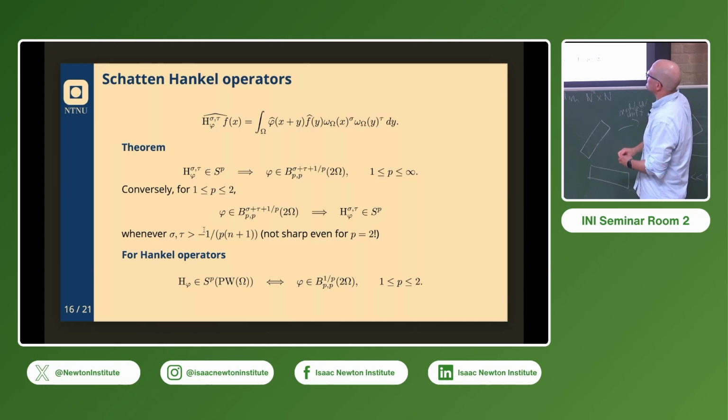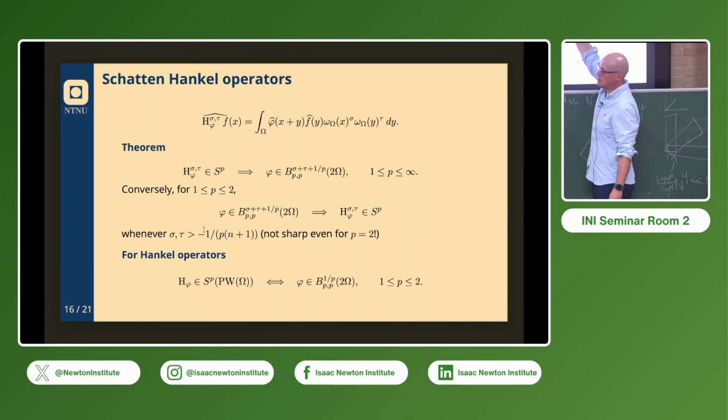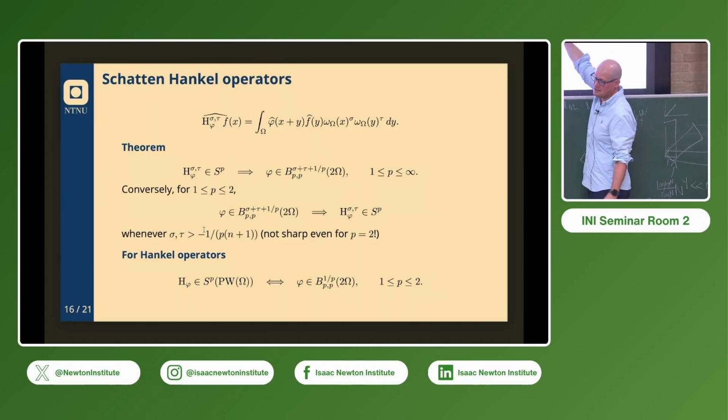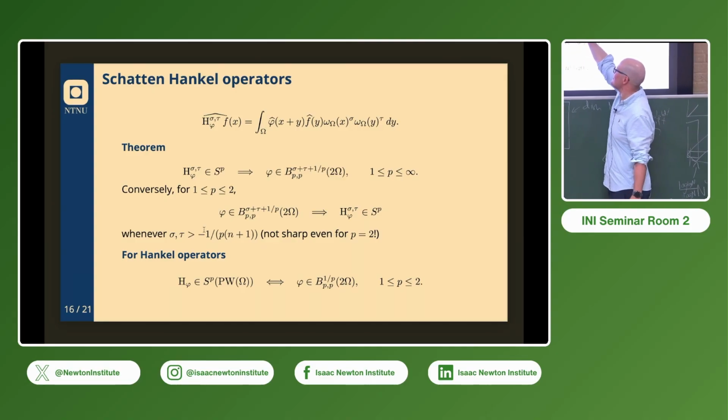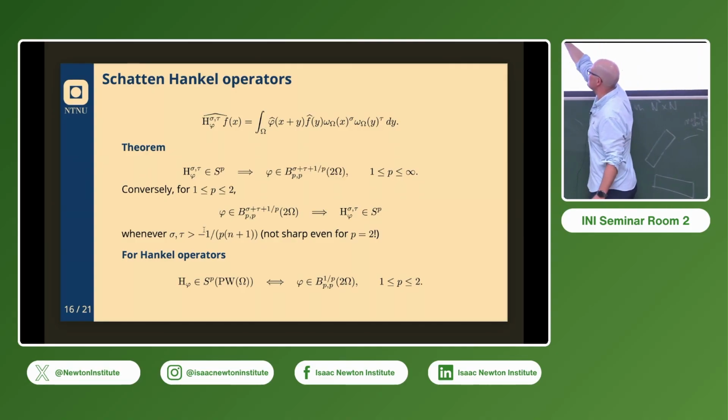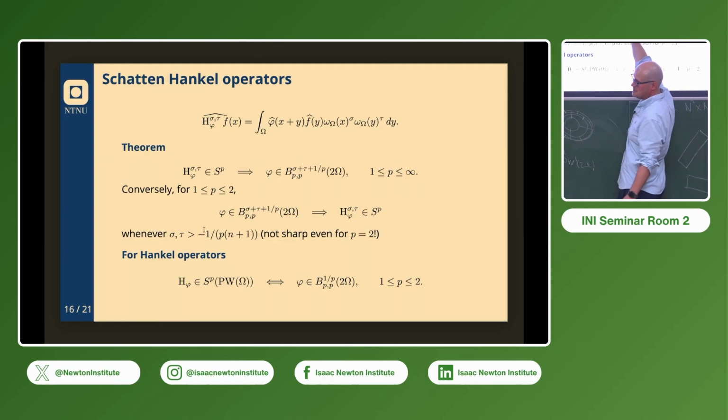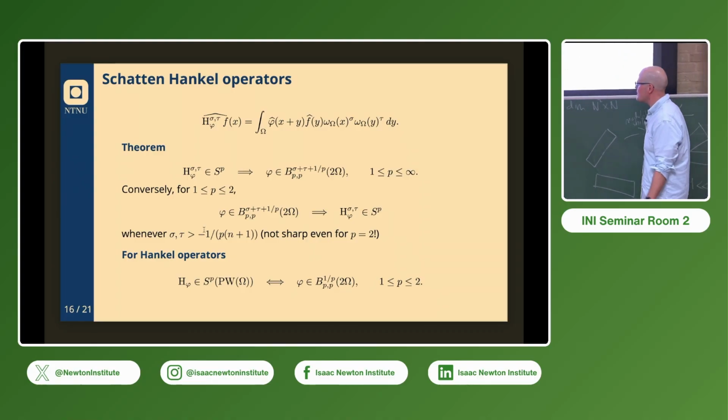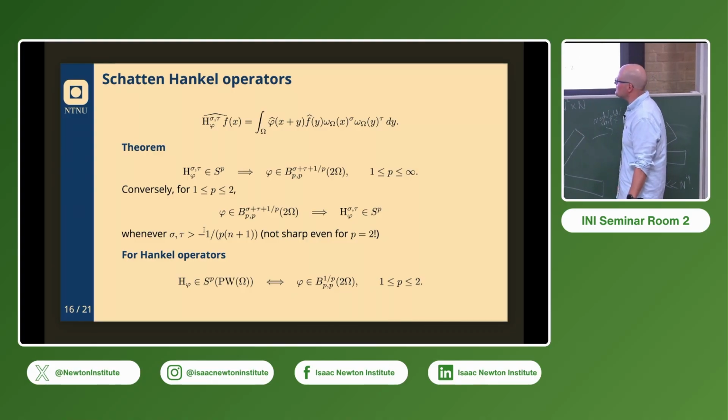And then it's fairly straightforward to see the necessary part, that's standard, that if this weighted operator is in the Schatten class, it must belong to this kind of associated Besov space. And for the converse, in this general setting, it's kind of dissatisfying. It's only for p between 1 and 2.